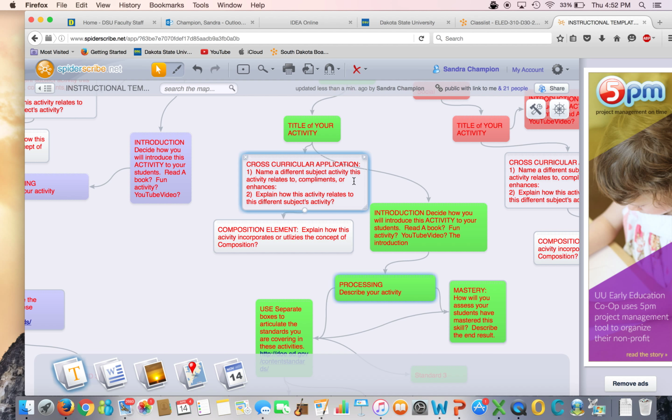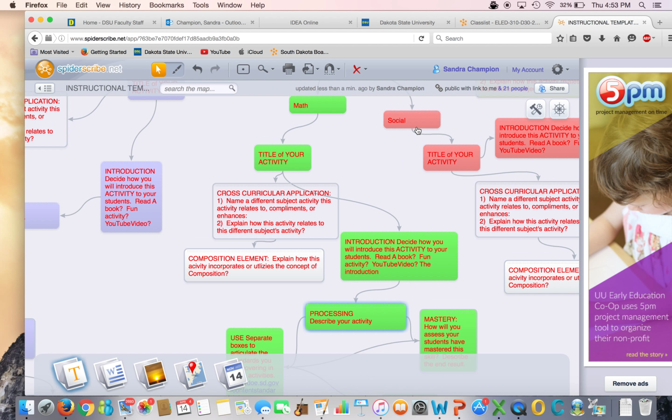Name a different subject or activity that this activity relates to, complements, or enhances. Number 2, in this little box, just explain how it relates to this different subject's activity. You could say, we will make story problems using the years and events in our decade from social studies, if that makes sense to you, hopefully.